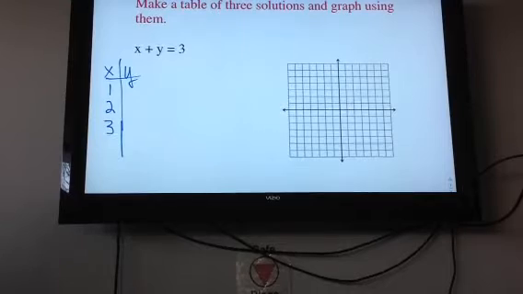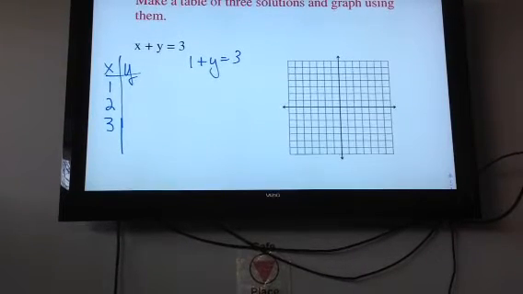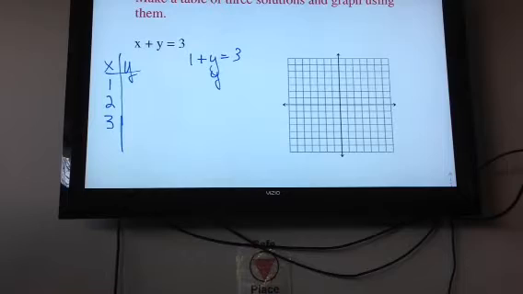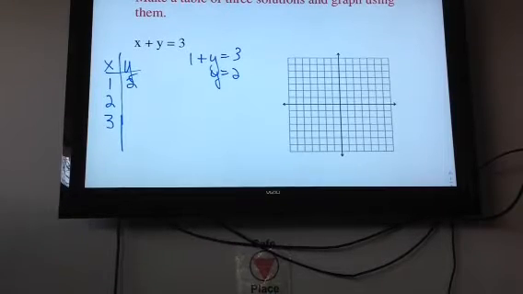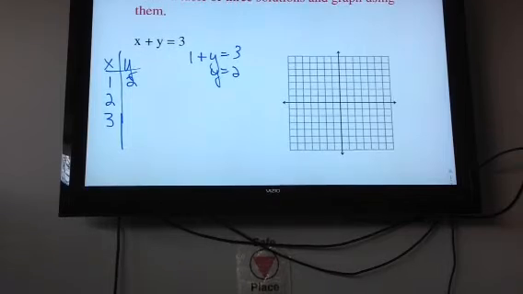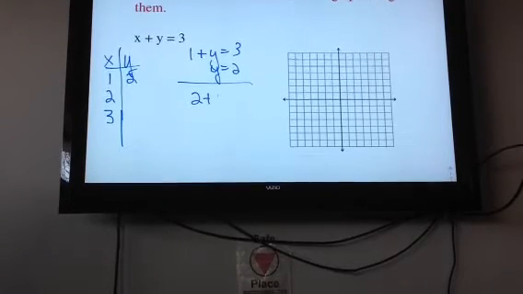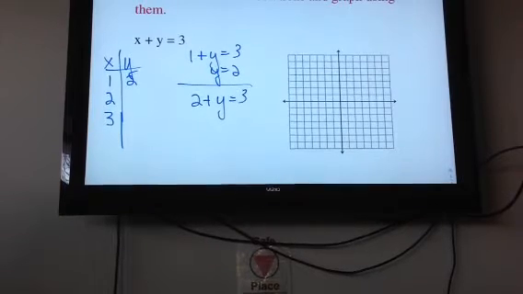Okay? So when I take 1 and I plug it in for x, 1 plus y equals 3. I'm replacing the x with 1. And I solve it. Subtract 1 and y is 2. So I've completed the first point on my table. Plug in 2 for x. 2 plus y is 3.